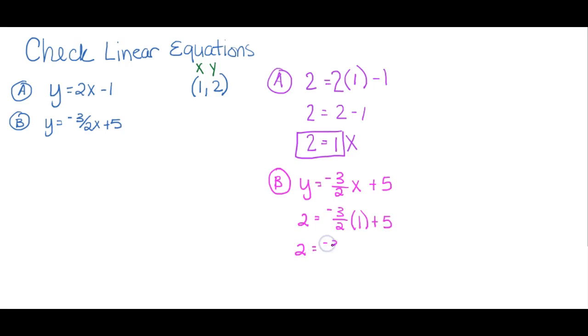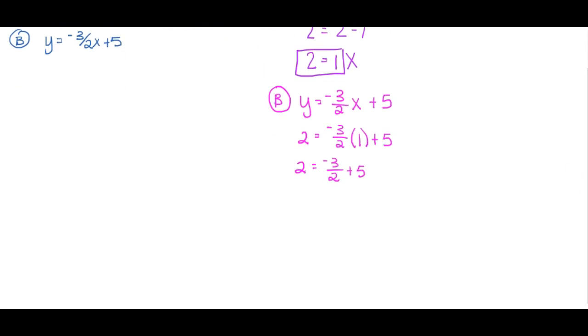So 2 equals negative 3 over 2 plus 5. We're going to make these with a common denominator, so it's going to be 10 over 2. So it's going to be 2 equals 7 over 2, which is the same thing as 3 and 1/2.